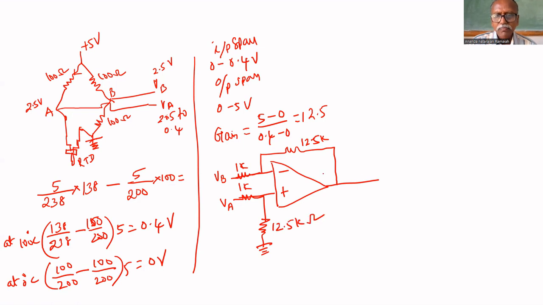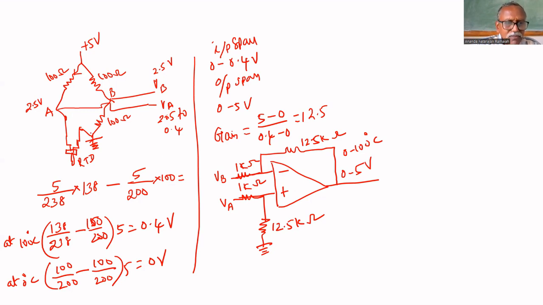0.5 kilo ohm. So here you will get 0 to 5 volt for a temperature of 0 to 100 degree centigrade. Why can't you use a common mode amplifier?